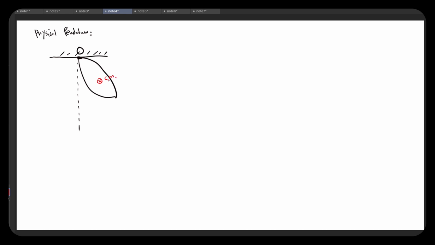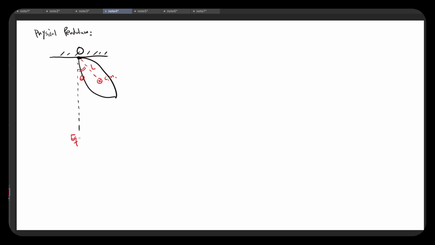Okay, so now we use some concepts in chapter 10 on rigid bodies, where we define the center of mass. Now let's say the distance from the rotation axis O to the center of mass is L. And then the object is displaced by this angle theta from the equilibrium position.